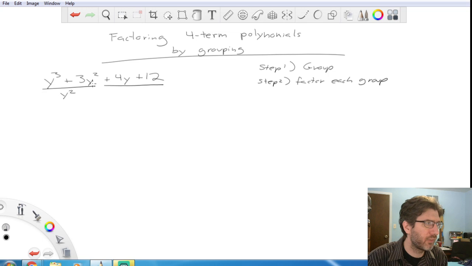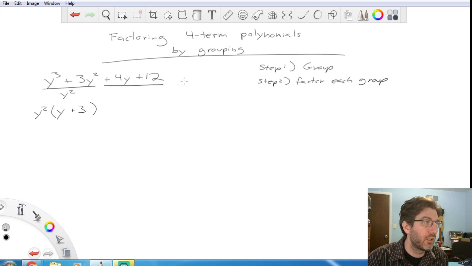And when I factor out the y squared, it's going to look like y squared times whatever is left. Over here, y cubed divided by y squared just leaves me y, because I'm taking 2 of them out. Over here, I take out 2 of the y's and I'm left with just the 3. And it is a positive 3, so I'm going to make it plus 3. So that's what I can factor out. I can factor out the y squared there.